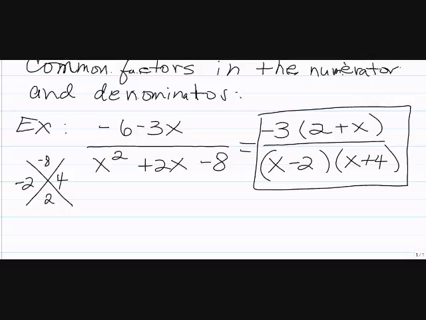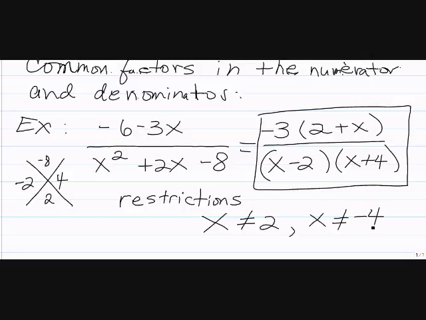And now I need to state my restrictions. And my restrictions are those points of discontinuity. So x can't be equal to positive 2. And x can't be equal to negative 4. Okay?